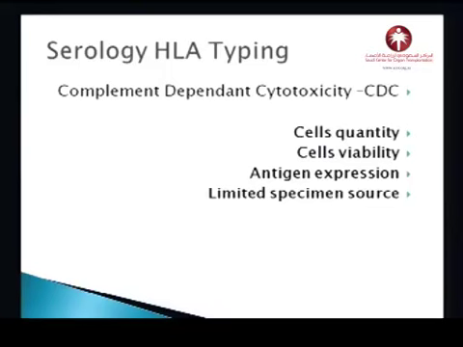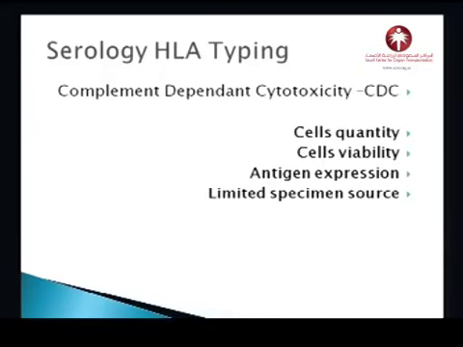We need a good amount of cells to enable us to test for the diversity of the antigens. Also, the cells need to be viable, because the true measurement of the positive and negative is the cell viability. This means that we cannot receive any specimen that is more than 2 or 3 days old. And of course, it's only antigen expression or serotyping.